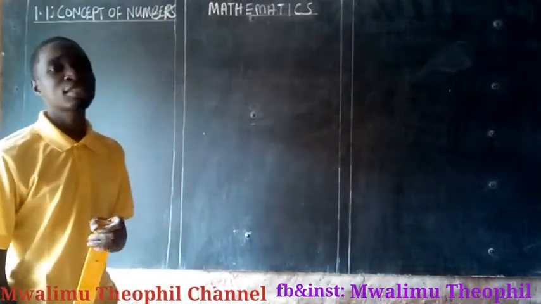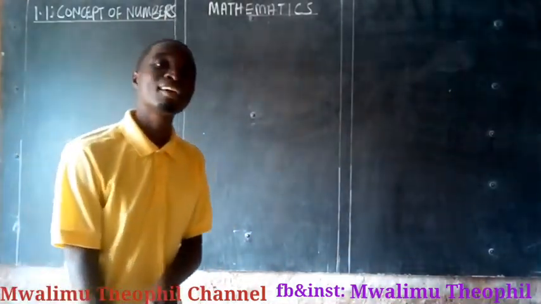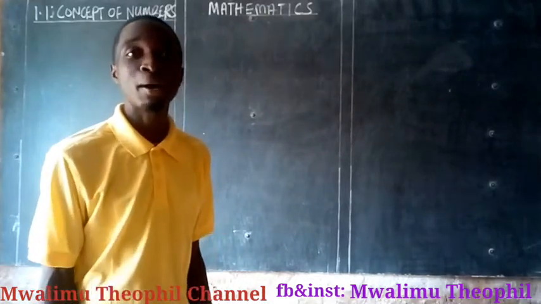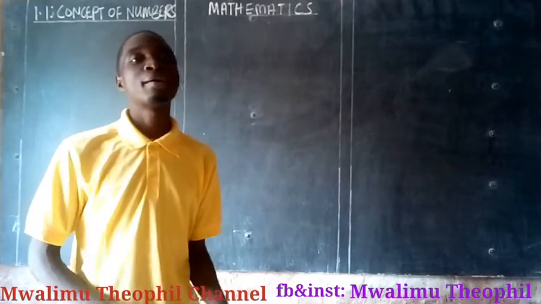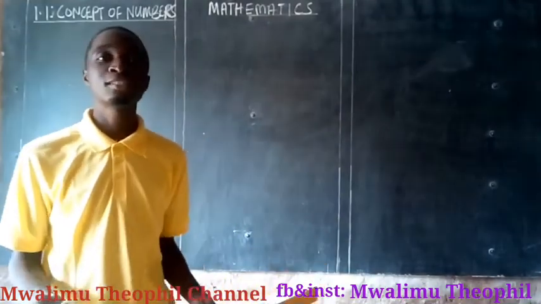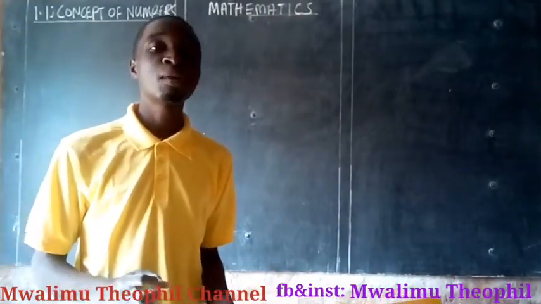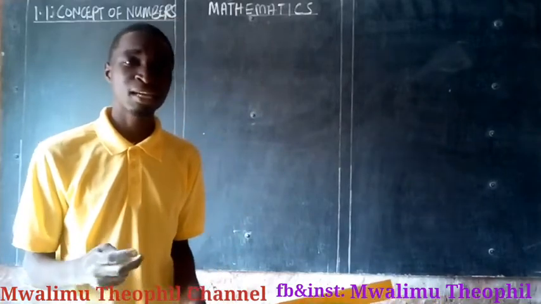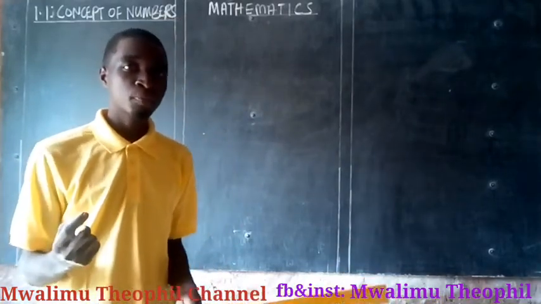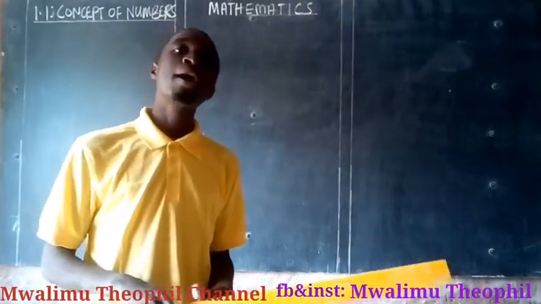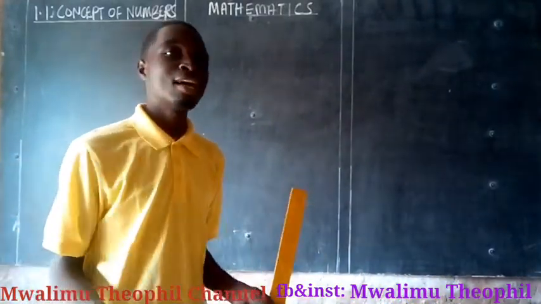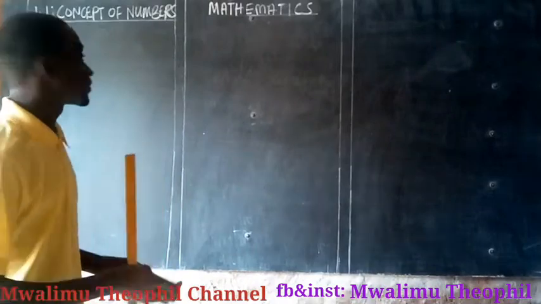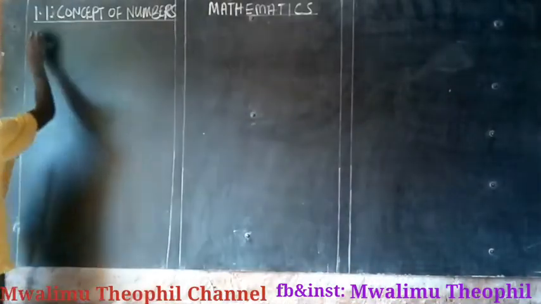We say that a number is an idea because no one can see a number, unlike real objects like cars and stones.